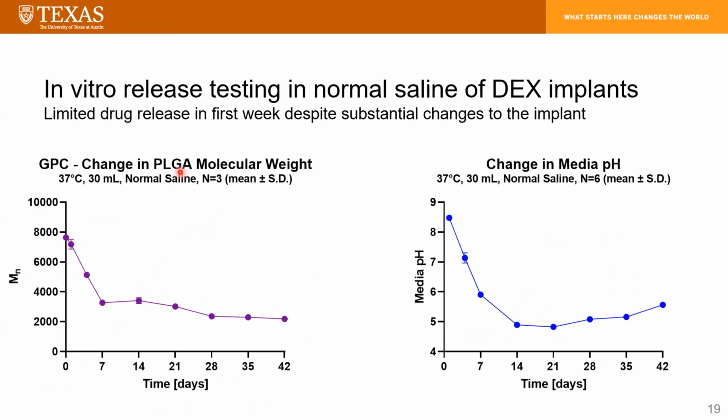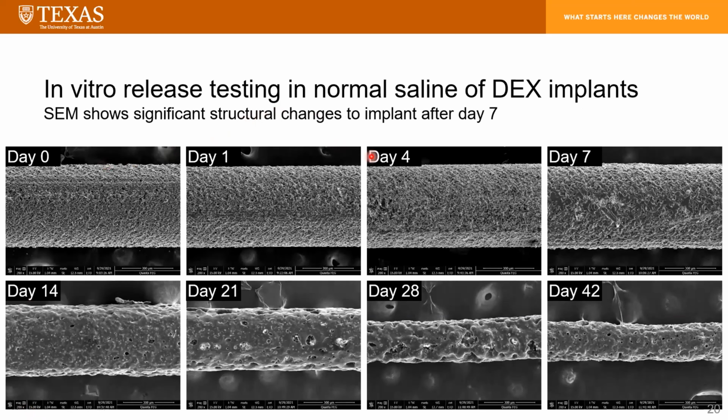And when we ran the GPC analysis, we found that in the first week there was a substantial molecular weight decrease and pH drop. That's indicating PLGA starts to hydrolyze. And here's the SEM image. In the first week, visually, we don't see that much difference.